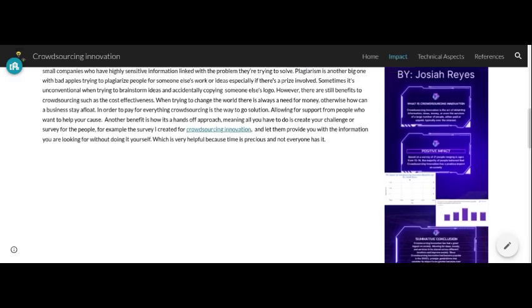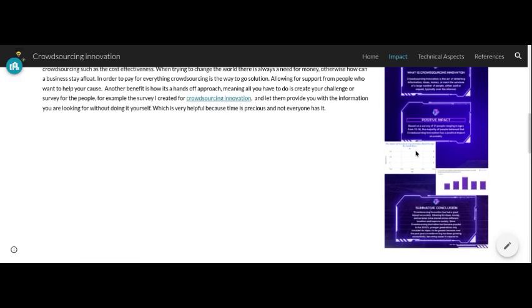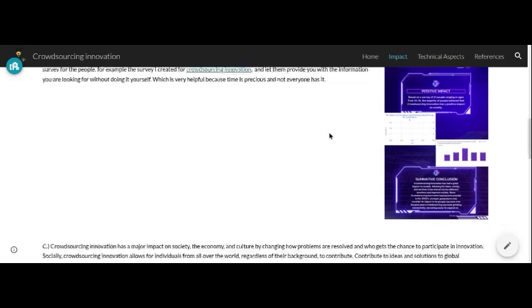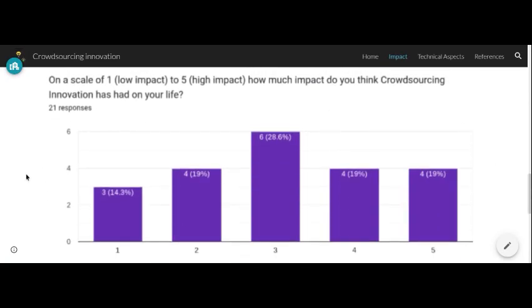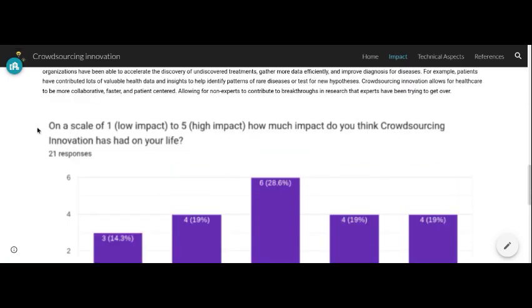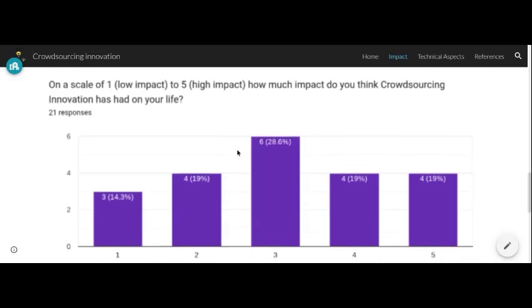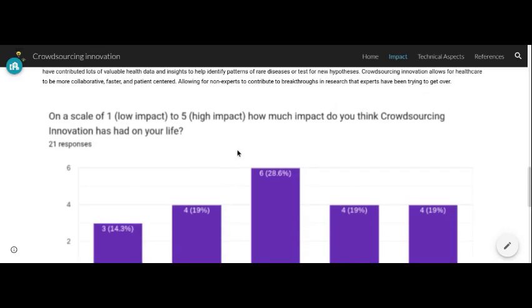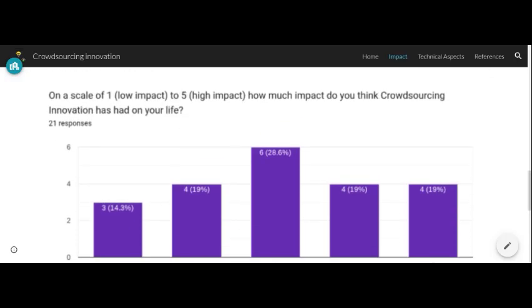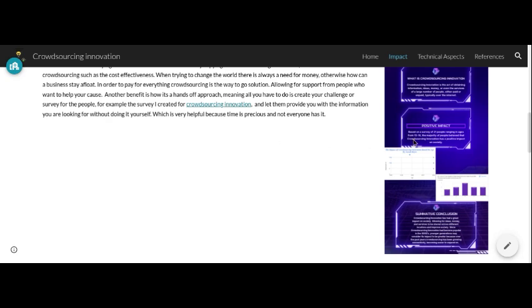I also created some of the graphics, such as this infographic right here. On a scale of one through 5, how much impact does using crowdsourcing have on your life? This one came through my survey on Crowdsourcing Innovation, and this one came from the editing tool called Canva, which I used to customize it and add everything I wanted.